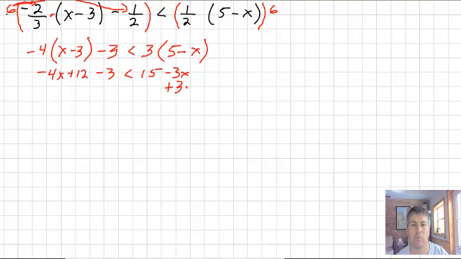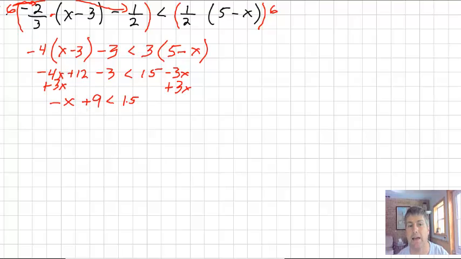Beautiful. I'm going to add 3x to both sides. I could have added 4x to both sides as well. That might have made more sense, but we're going to do this. We got negative x plus 9 is less than 15.